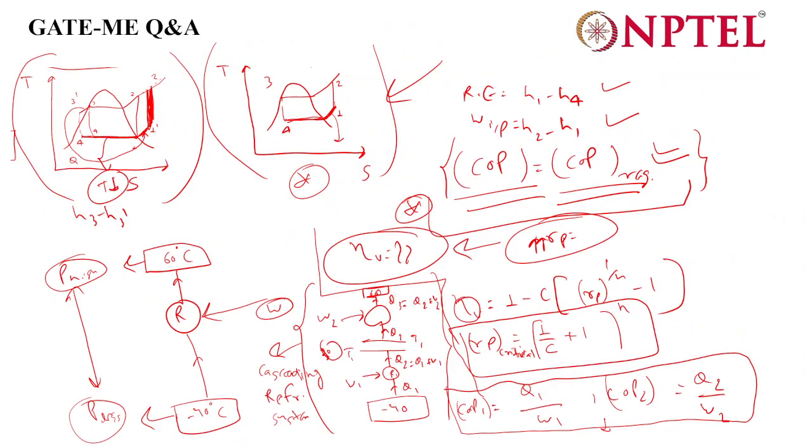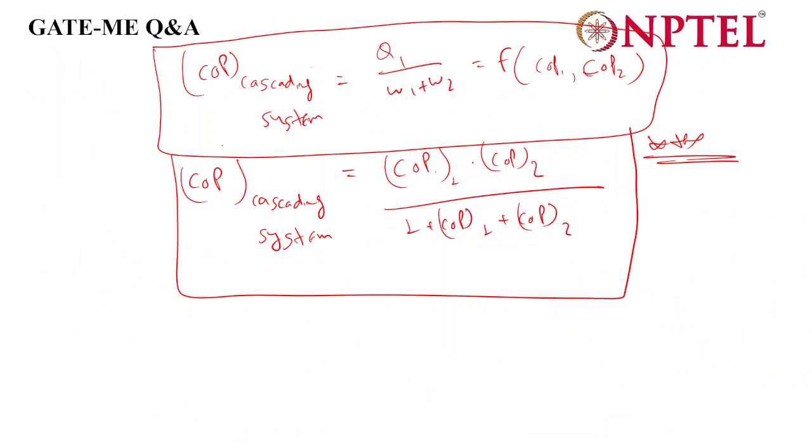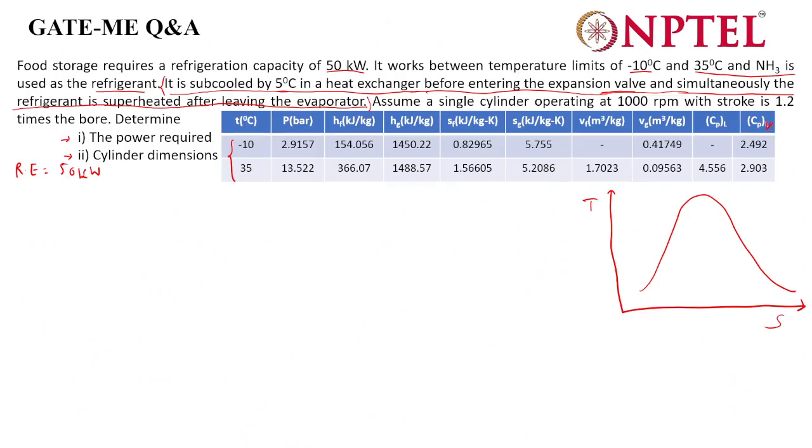Is this cycle clear or not? Yes, sir, clear. Because here also you have to find a lot of values, and in a lot of places you would be committing mistakes.